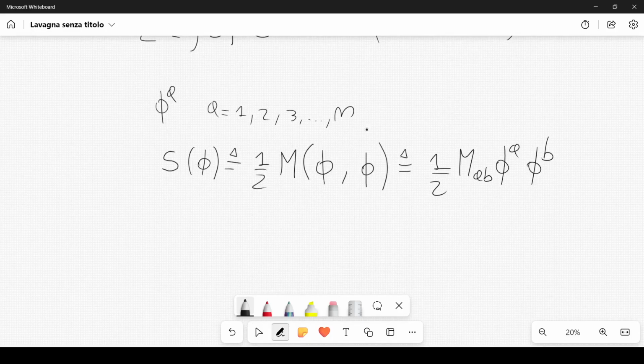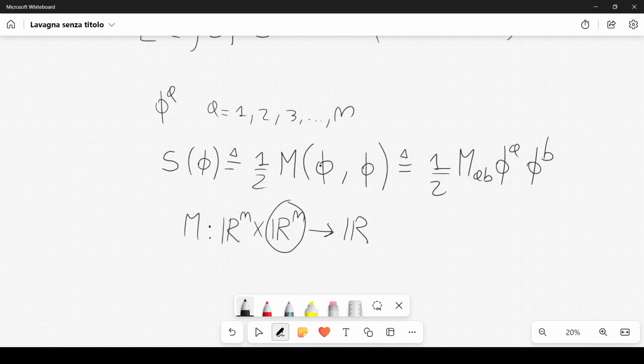Therefore M, so here we have to sum over A and over B, but M can be thought of as a map that starts from R^n times R^n and goes to R. So if we consider M, it takes two vectors as an input. So the two vectors are phi and phi, because remember that phi is at the end of the day a vector that contains n fields. And what we get from this function is basically this. So we have M_AB phi A phi B with this factor of 1/2.